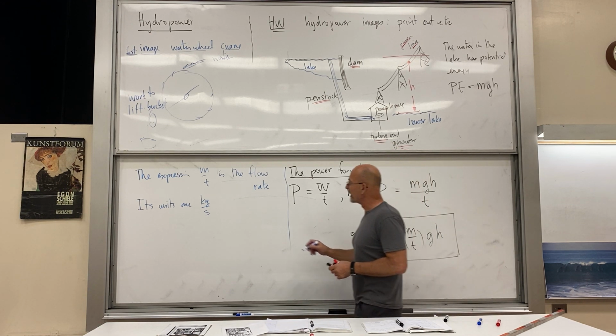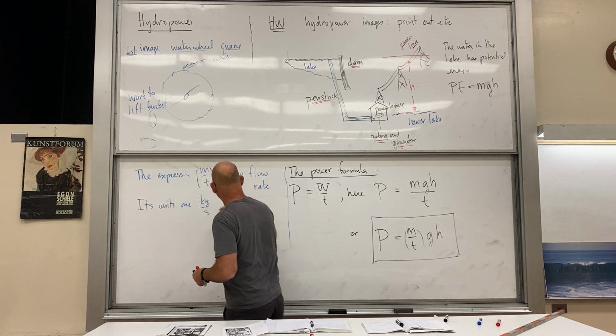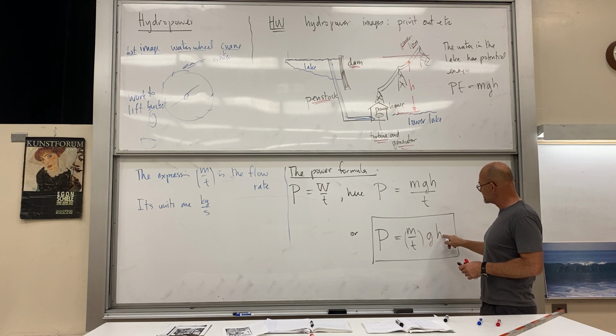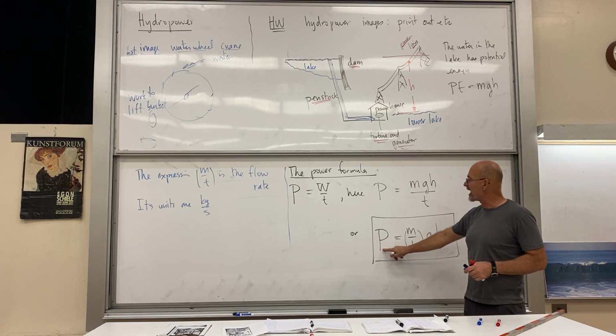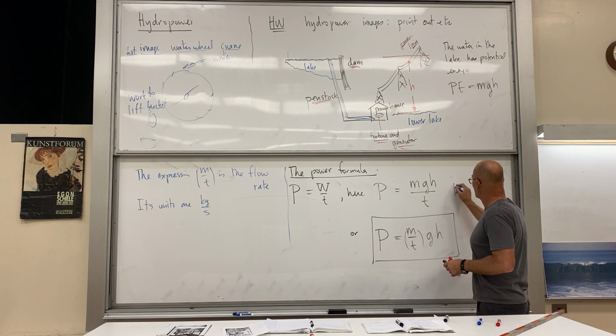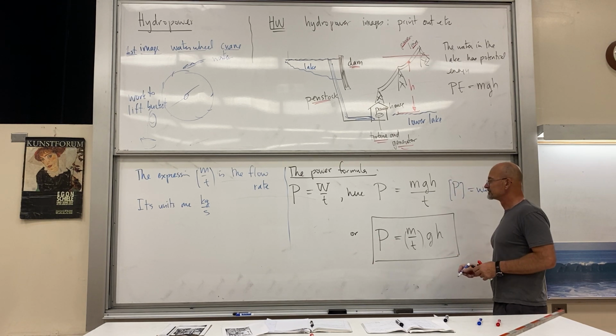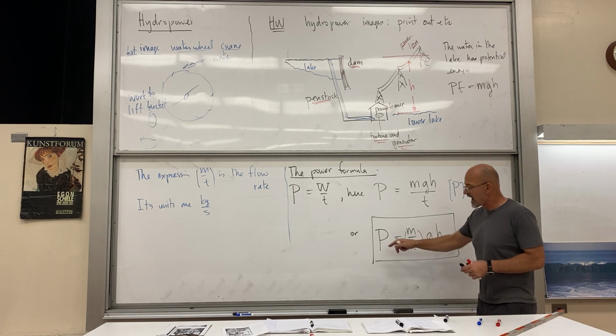So that's the flow rate, m divided by t. You take that flow rate and multiply it times g times h, you get the power. But remember, power units are watts. So this is the hydropower formula.